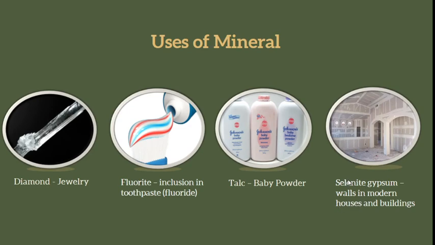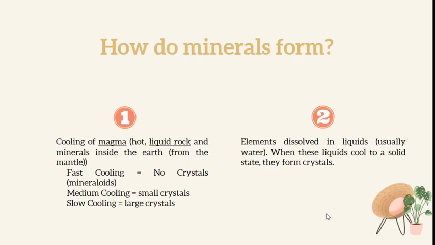But before they come up with this product, the main question now is how do minerals form? There are two ways on how minerals form. Number one, cooling of magma inside the earth, from the mantle. In other words, crystallization through cooling of magma and lava.